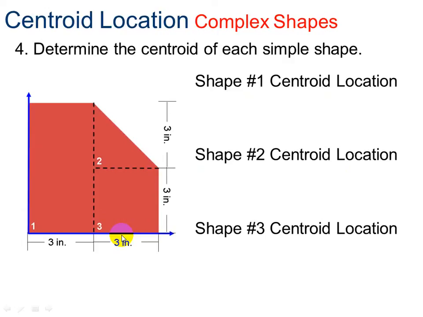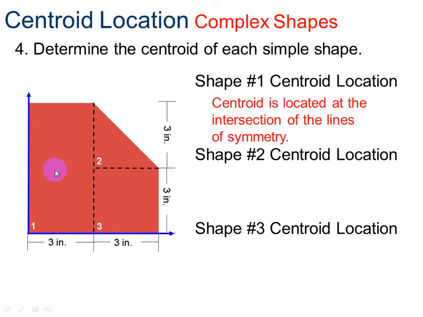So the centroid location for shape number 1, it's just a rectangle, and if you'll remember from the formulas I just gave you earlier, the x direction is going to be half of the base, so it's going to be 3 divided by 2, and the y direction is also going to be the height divided by 2, so 6 divided by 2. Where these two lines of symmetry intersect.